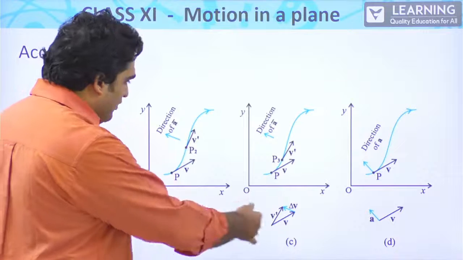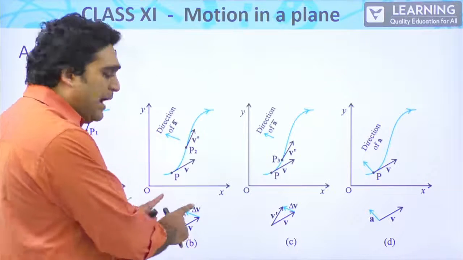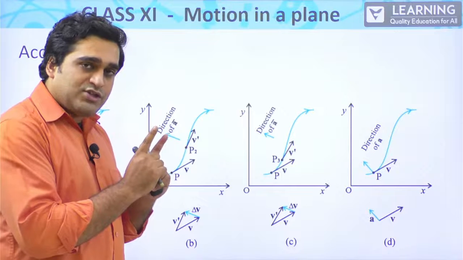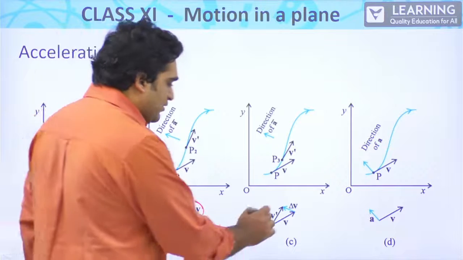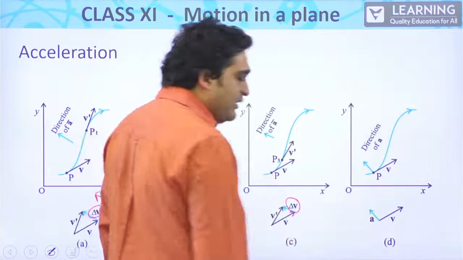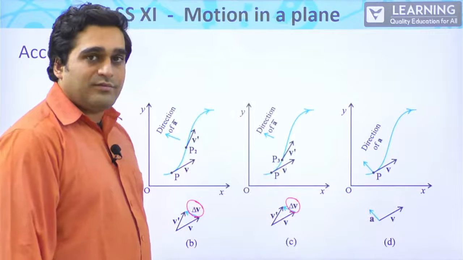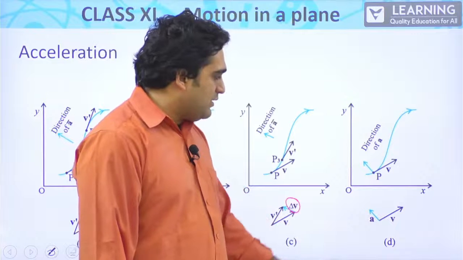Similarly, moving on to the next, initial velocity, final velocity, delta V. As you look one after the other, you notice delta V is becoming shorter and shorter, right? So delta V is shorter here, shorter at this point, and eventually delta V vanishes. What has happened here that delta V vanishes?